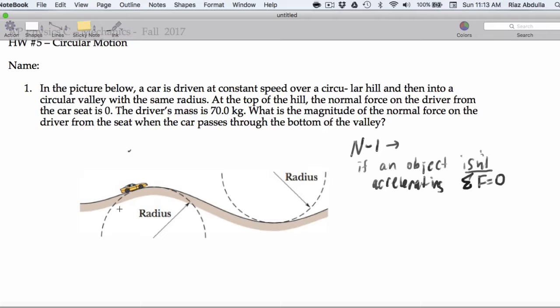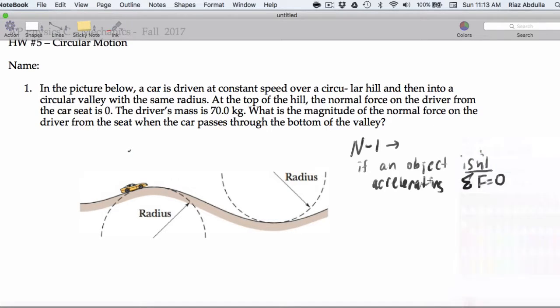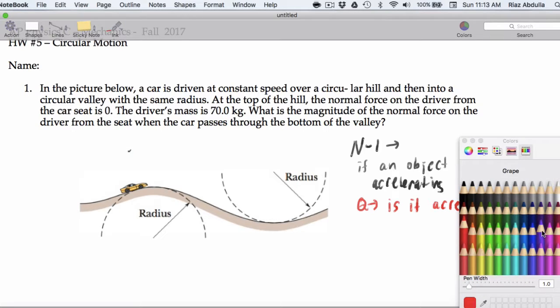So let's look at this object and ask ourselves, is it accelerating or is it not? And how do we know? So the question we're going to ask is, is it accelerating? And what's the criteria for accelerating? Well, it's got to be doing one of three things.